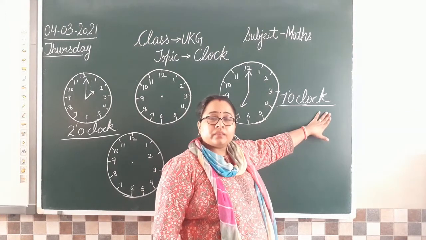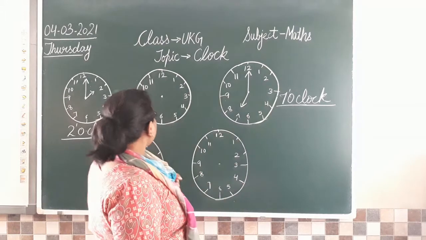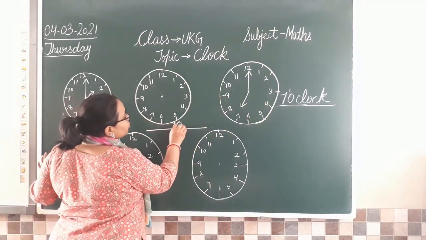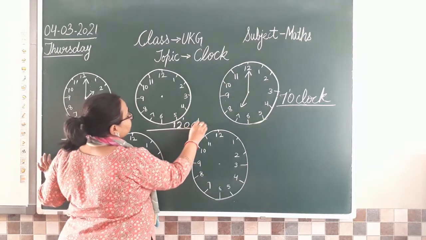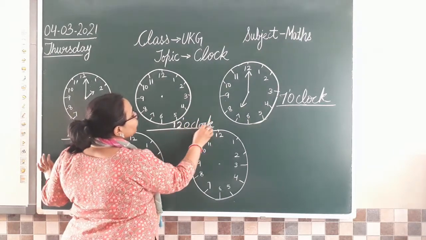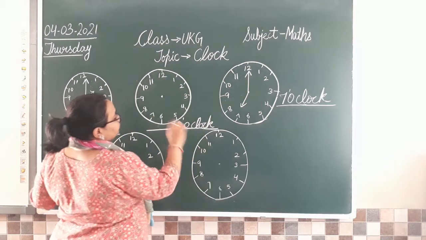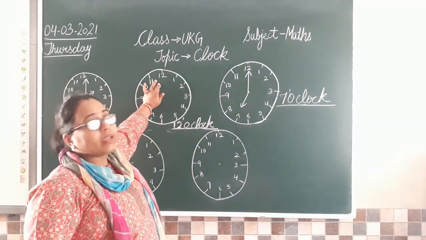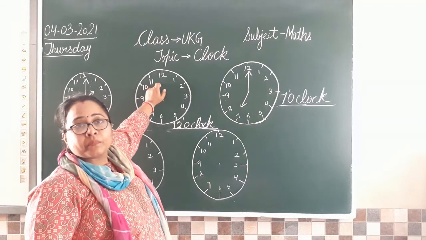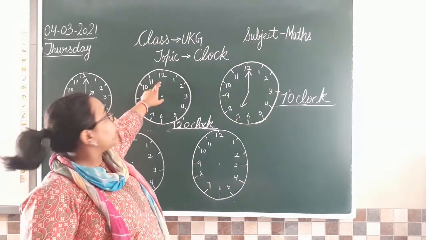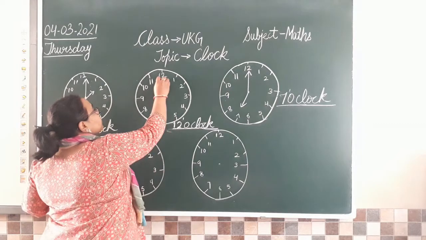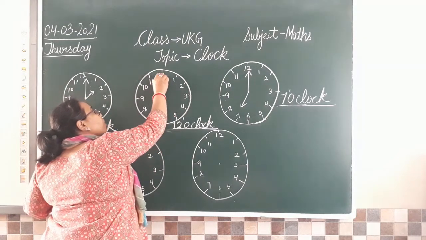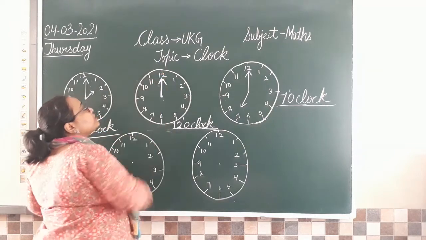Is that clear? Now, if I ask you for this one, you have to show 12 o'clock. How will you do that? 12 o'clock बनाना है आपको इसमें, तो अब क्या करेंगे? Long hand will point towards 12. Hands तो हर बार दो ही होते हैं ना क्लॉक में, so long hand is pointing towards 12.